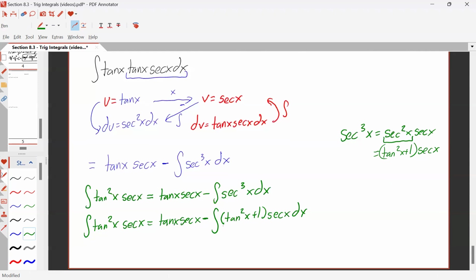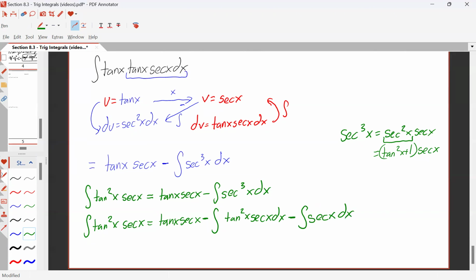And we can actually distribute this tangent squared x plus 1 to the secant x. I'm going to distribute that and rewrite it as two different integrals. We'll have tangent squared x times secant x dx, and we'll also have the integral of 1 times secant x dx.